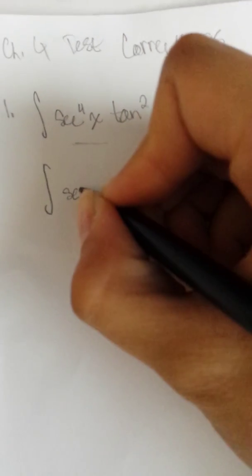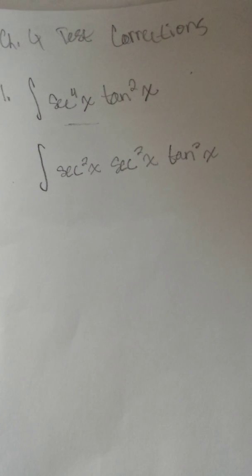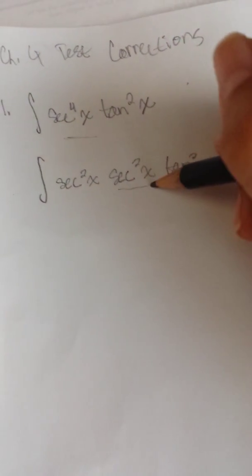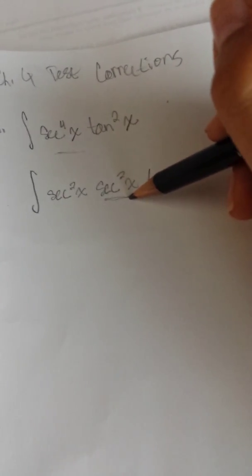Okay, so I changed this secant to the fourth x into two secant squared x's: secant squared x times secant squared x times your tan squared x. And then from here I changed the secant squared x into tan squared x plus 1.